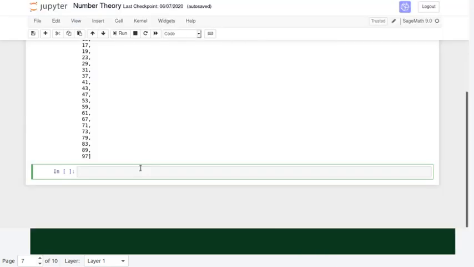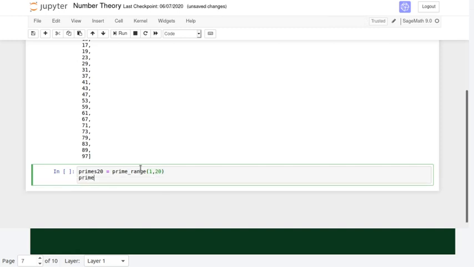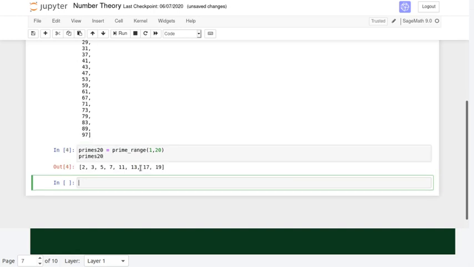Suppose that we consider all primes in the range 1 to 20. And if we ask what they are, we get something like this. These are all the prime numbers in the range 1 to 20.